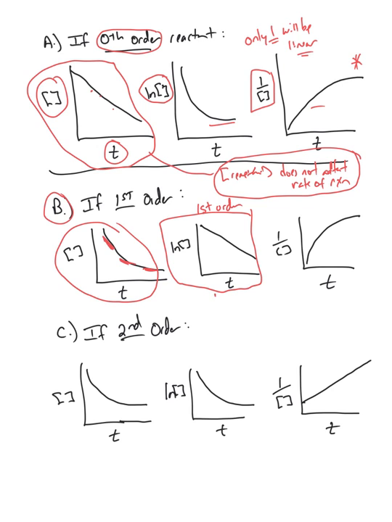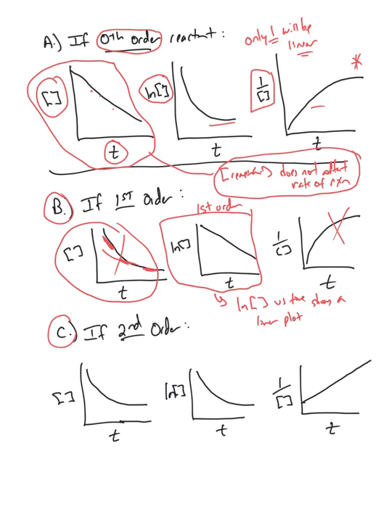Therefore, if they ask you to justify, you would say that the natural log of the concentration of the reactant versus time shows a linear plot. And whenever the natural log of the concentration versus time shows a linear plot, that indicates that it's 1st order. Again, only one of the three graphs will be linear. In this case, these two graphs are not, and therefore this would indicate a 1st order reactant.